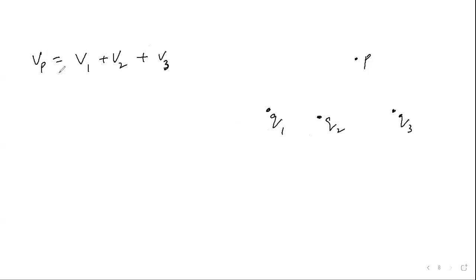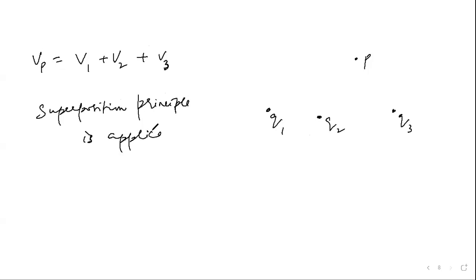Then add those scalars to get the resultant electric potential at point P. So this means that the superposition principle is applicable to electric potential, right?